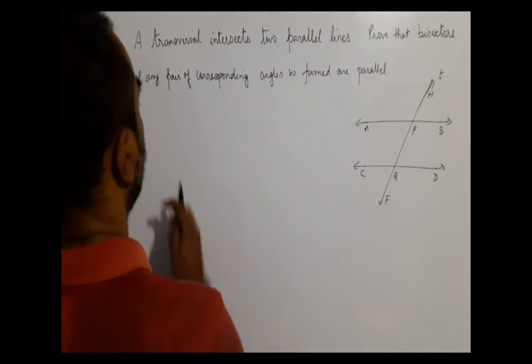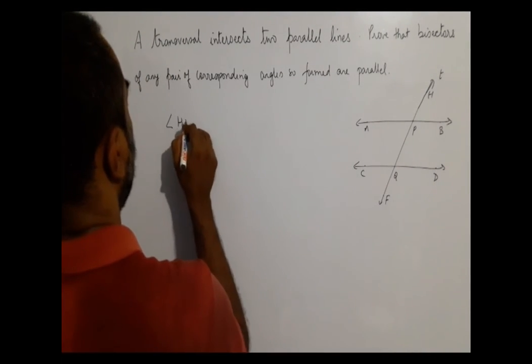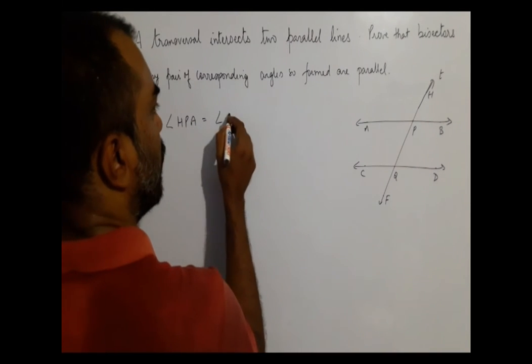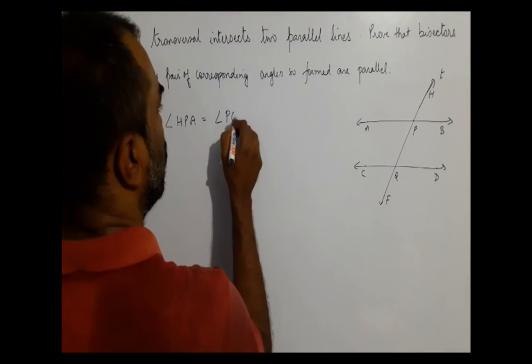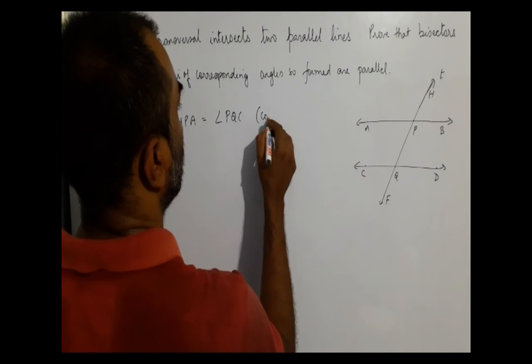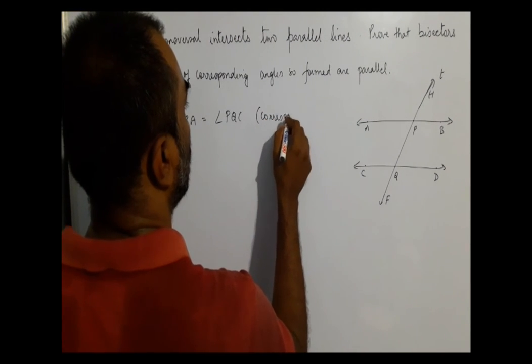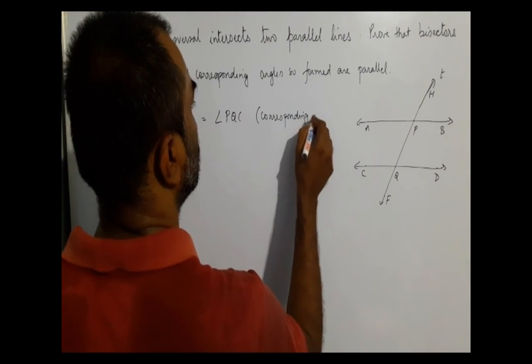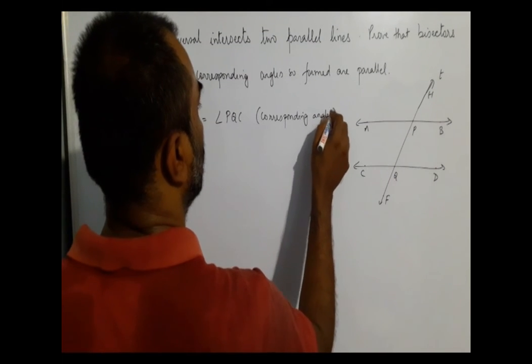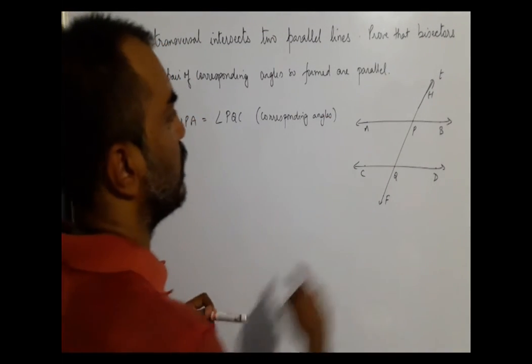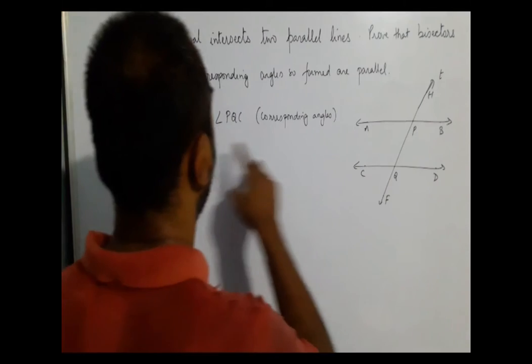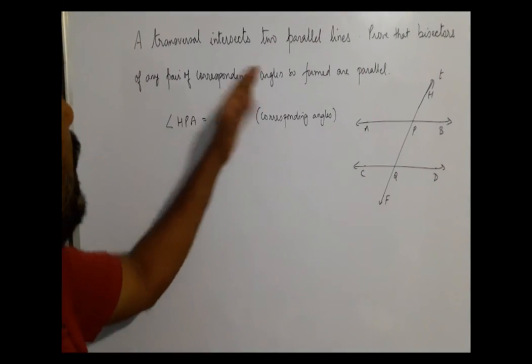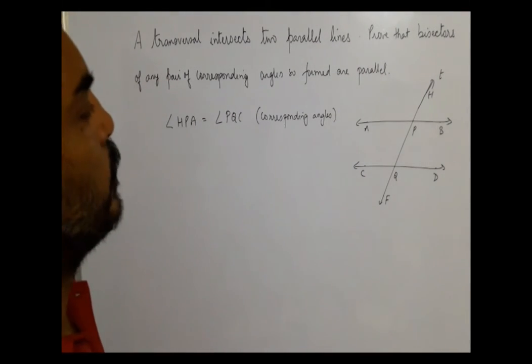So let us write down angle HPA equal to angle PQC, because they are corresponding angles. Which one have I taken? HPA and PQC, because they mentioned you can take any pair. Now what are we supposed to do?